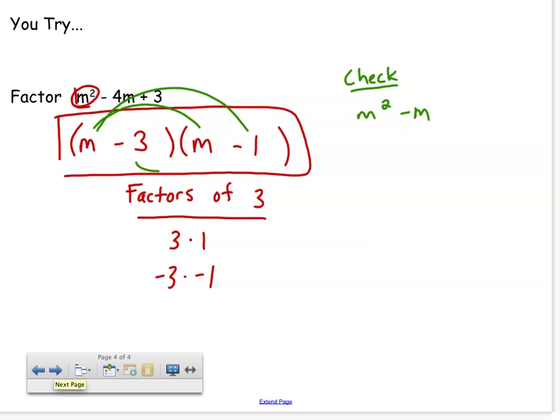Then you multiply negative 3 and m to get negative 3m. And then you lastly multiply negative 3 and negative 1 to get positive 3. And then you combine the two terms in the middle, negative 1m and negative 3m, and you get m squared minus 4m plus 3, which is exactly what you started with. If you get what you started with, then you've done it correctly.